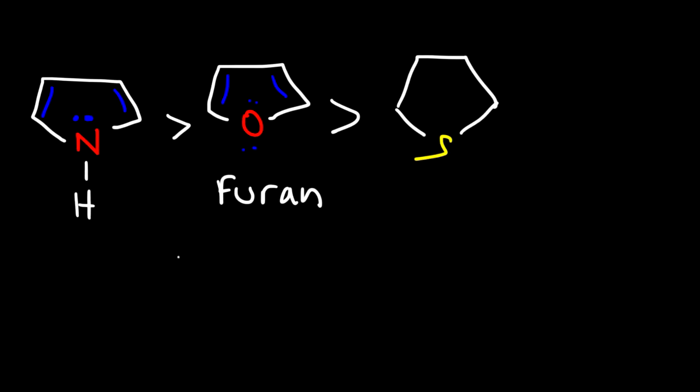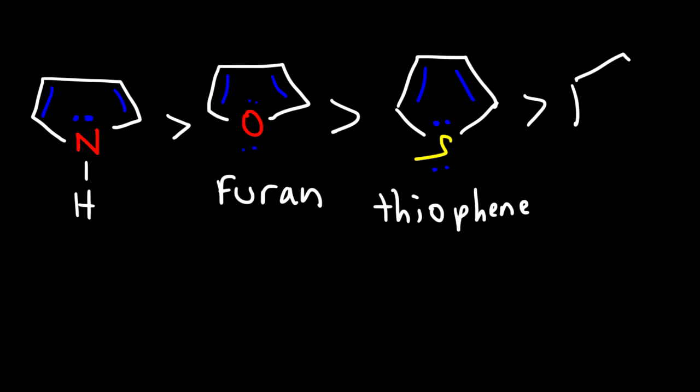When you hear the word thio, think of a sulfur atom. And thiophene is more nucleophilic than the benzene ring. And so towards an EAS reaction, when I write EAS, that means electrophilic aromatic substitution reaction.